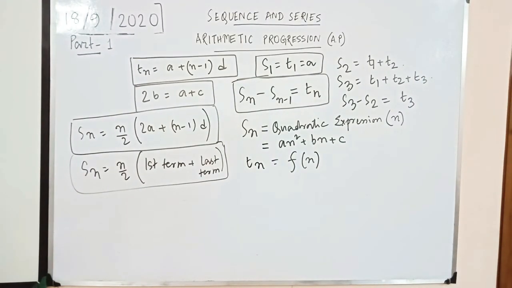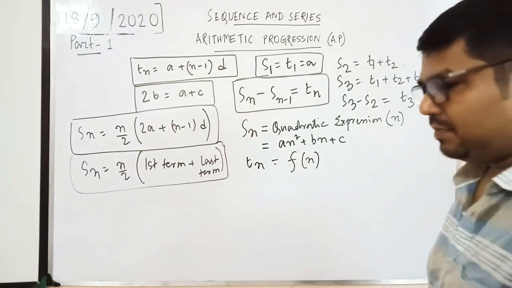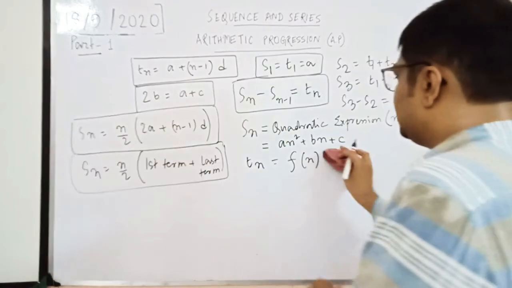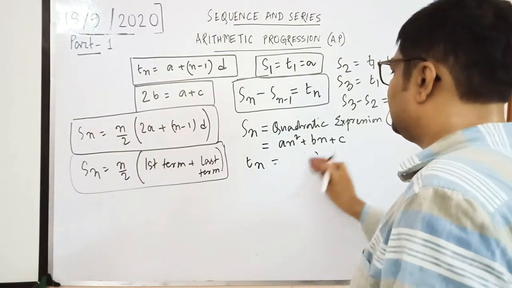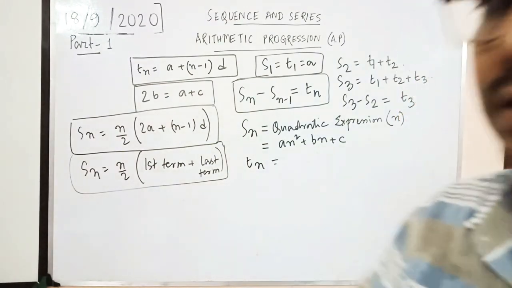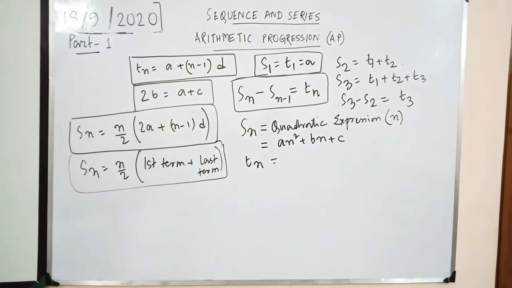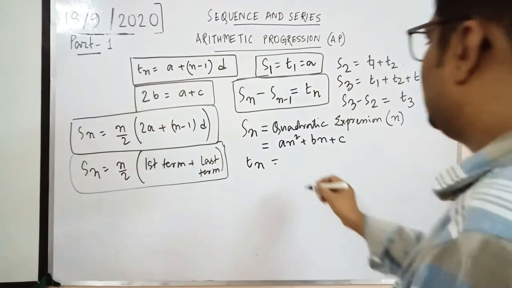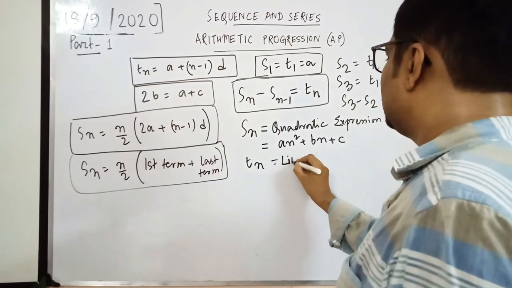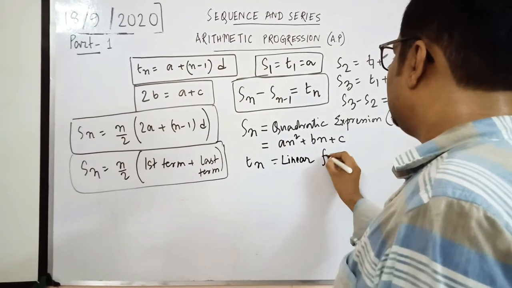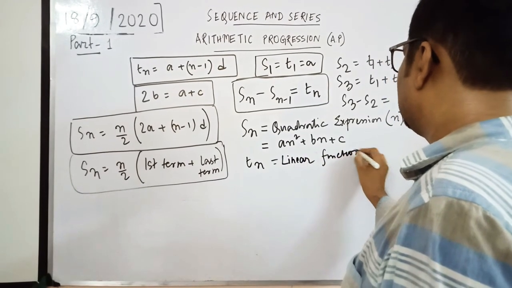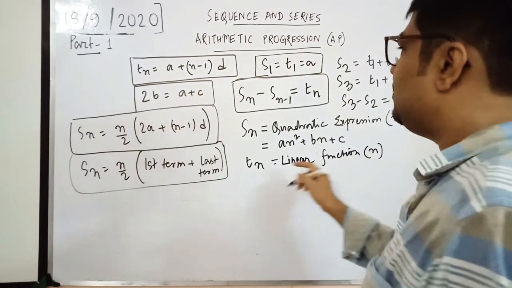Okay, so I must write here: linear function of n. Why do I write this?